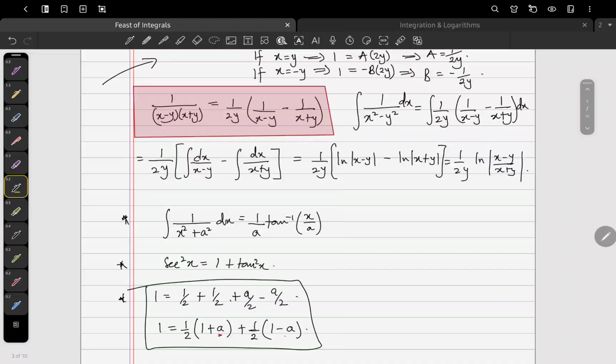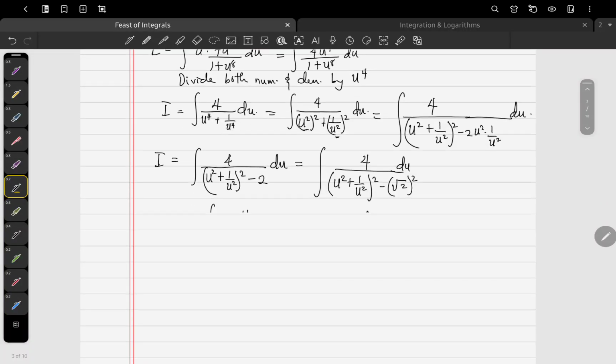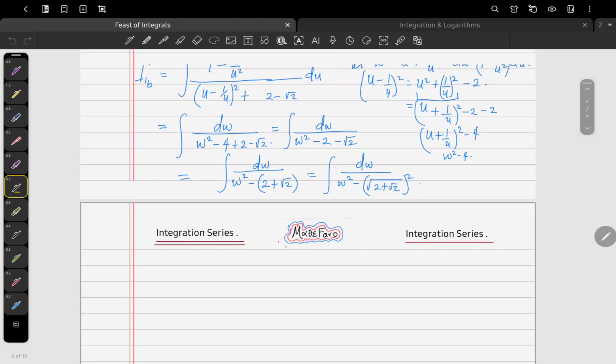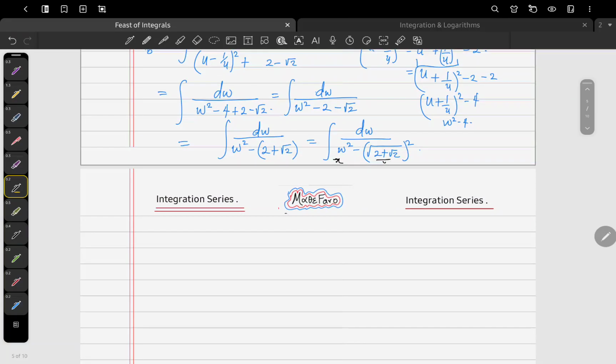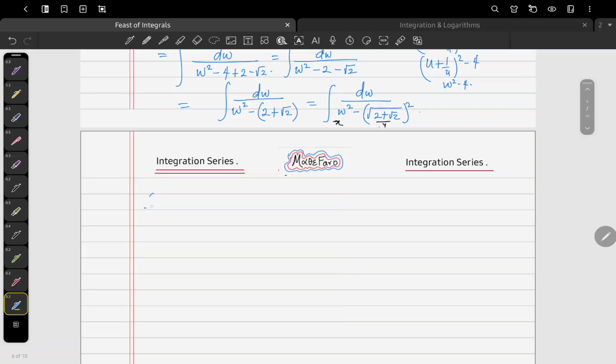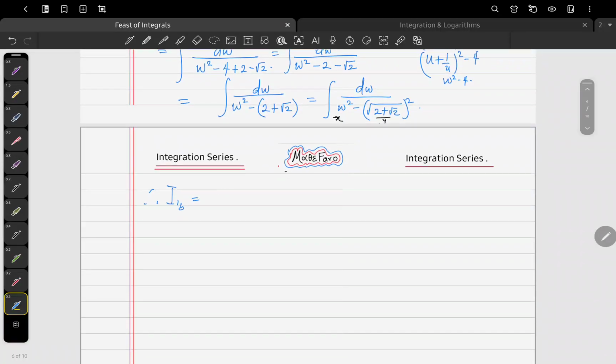So anytime we have the integral of 1 over a difference of two squares, it always gives us this, with the minus in the top. And that is exactly what we are seeing here. This is like our x and this is like our y. So it means, therefore, I1b is equal to 1 over 2y.